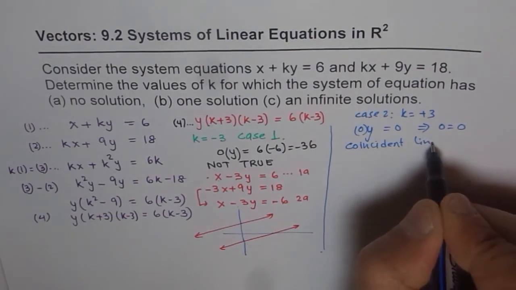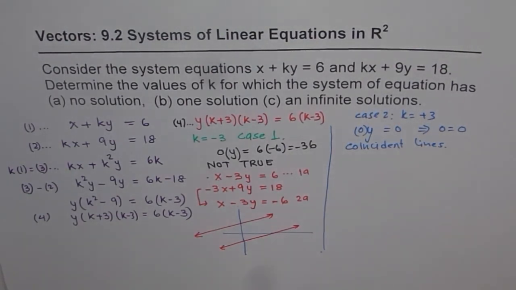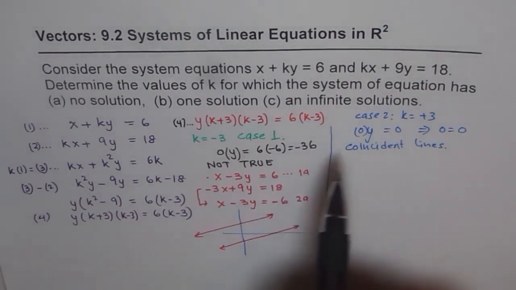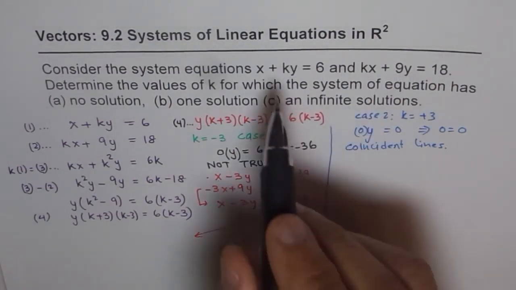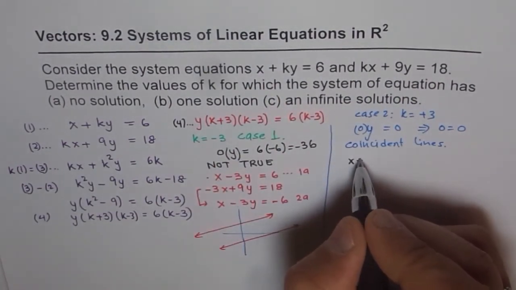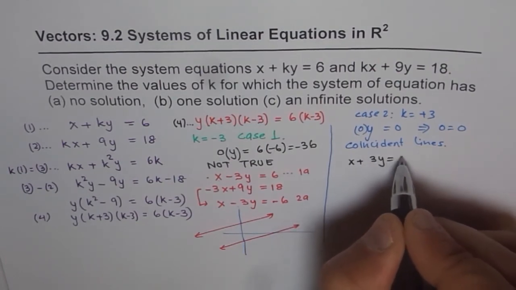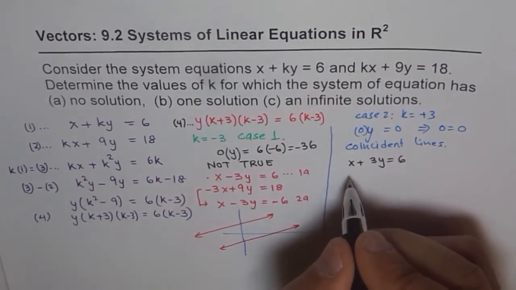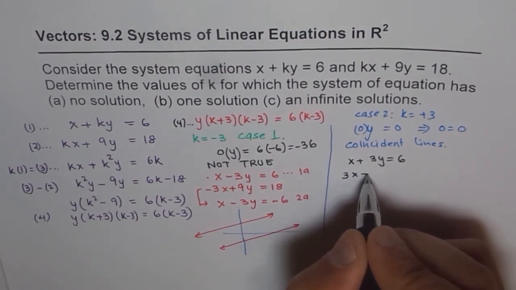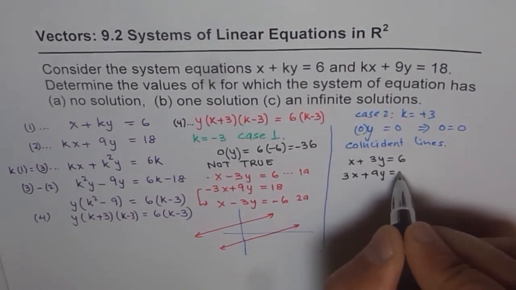Is it okay? Let's check, is it really coincident or not? How can we check? We put k equals plus 3 in the original equations given to us. So we get x plus 3y equals 6 for the first one, and for the second one we get 3x plus 9y equals 18.